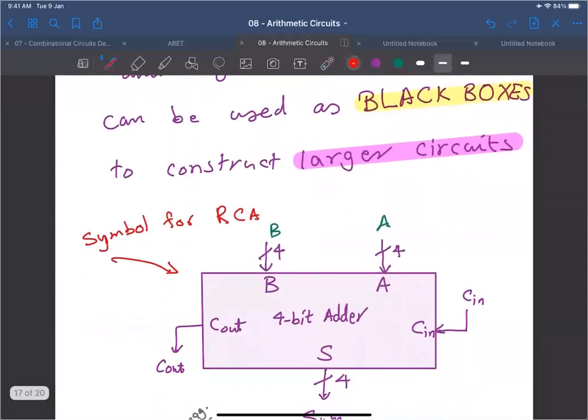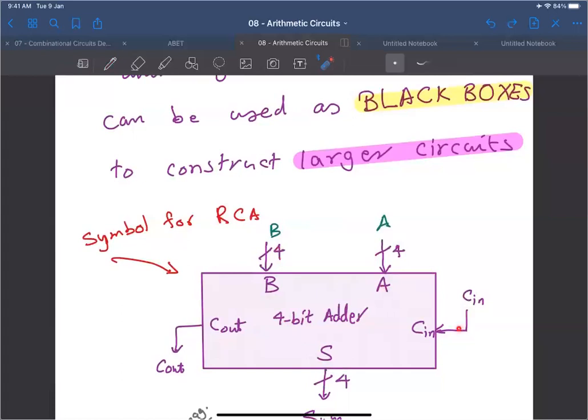And in the black boxes, we just hide the details. So for a 4-bit ripple carry adder, we have a big box that accepts A and B, where A is 4-bit, for example, and B is 4-bit. That's why it's a 4-bit ripple carry adder.